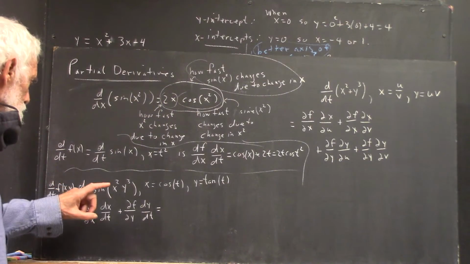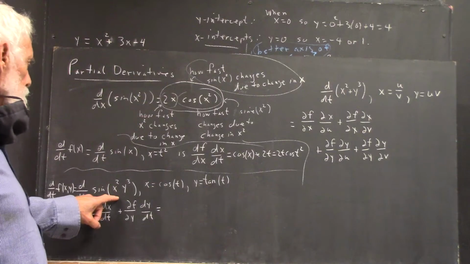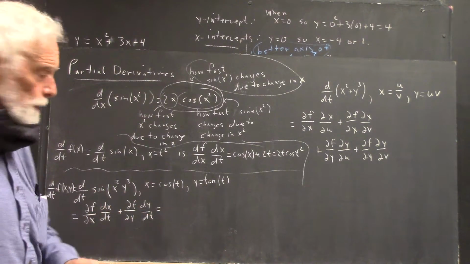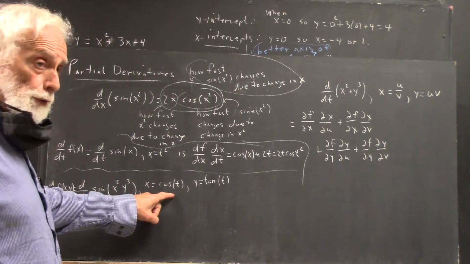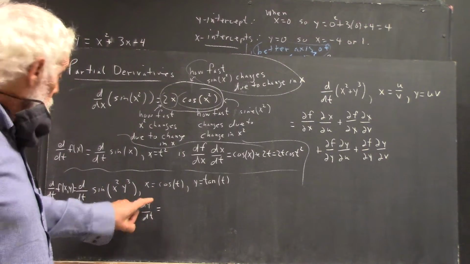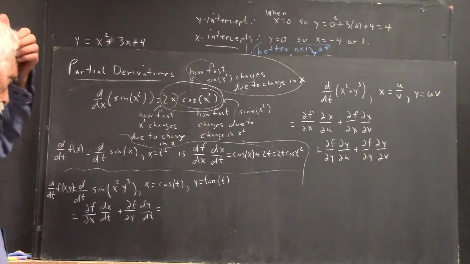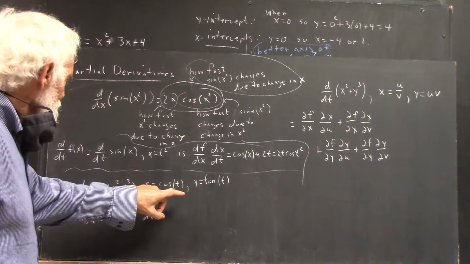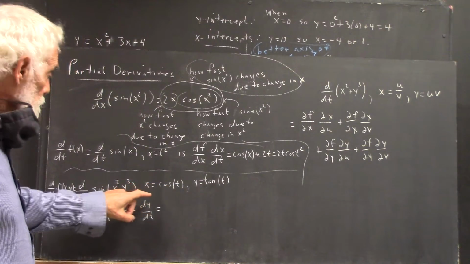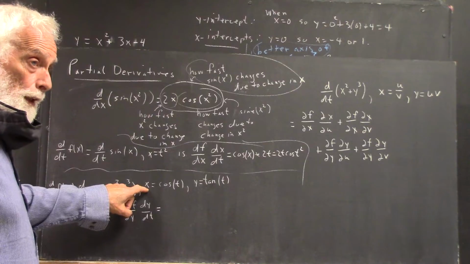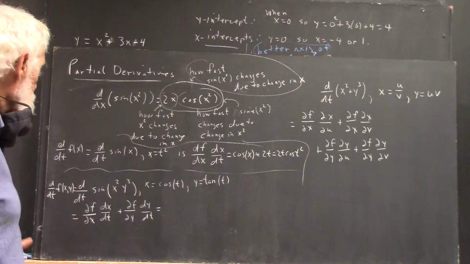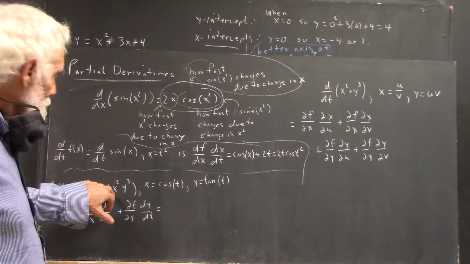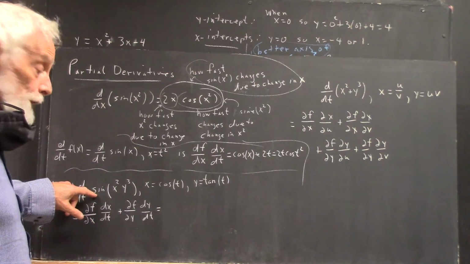This function here, the sine of x squared y cubed, is driven, okay, if t changes by a little bit, then that causes cosine of t to change a little bit, which of course causes x to change by a little bit. So we multiply the rate at which a small change in t changes the value of x, and then we multiply that by the rate at which a change in x drives a change in the sine.